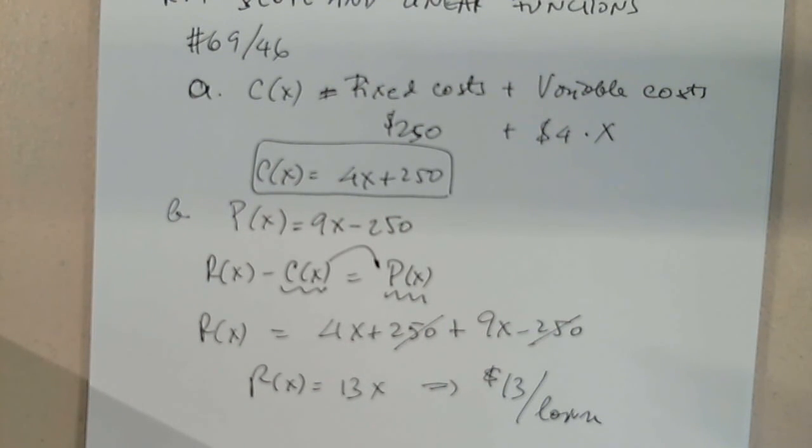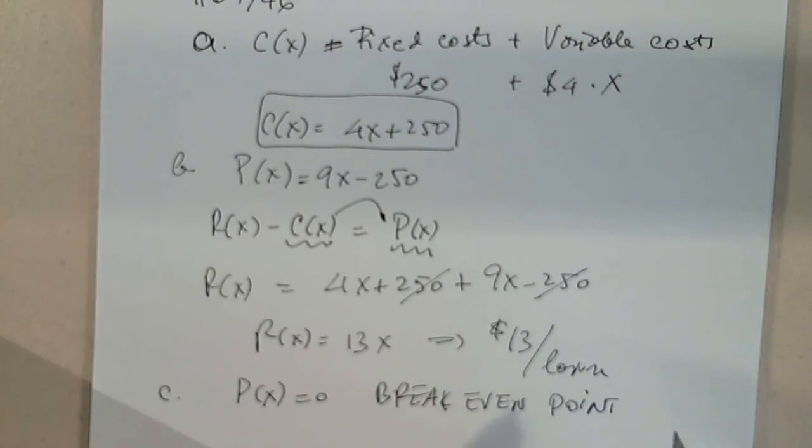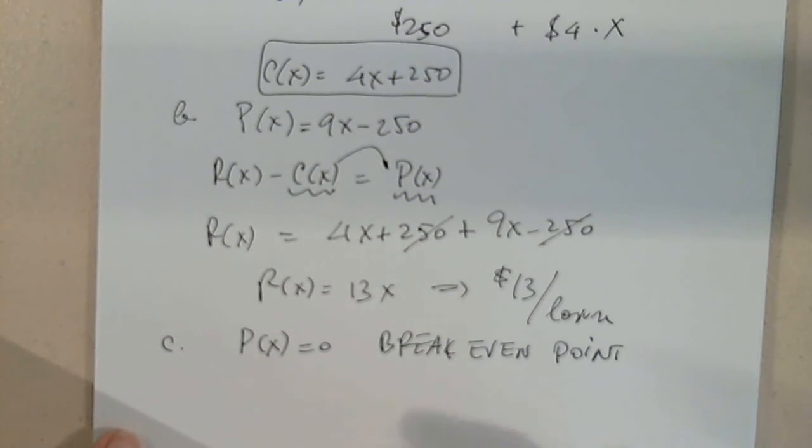How many lawns must Jimmy mow before he begins making a profit? In part C, we want the profit to be 0 for the break-even point, and from there we know what x should be in order for Jimmy to make a profit.